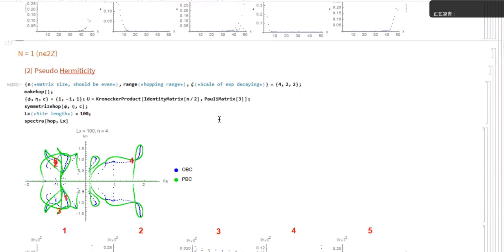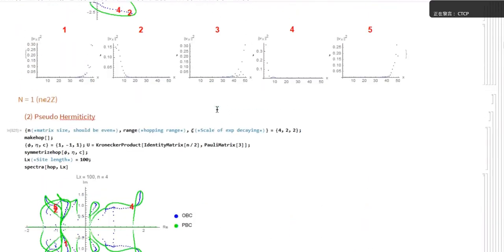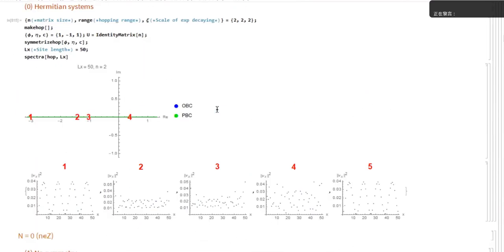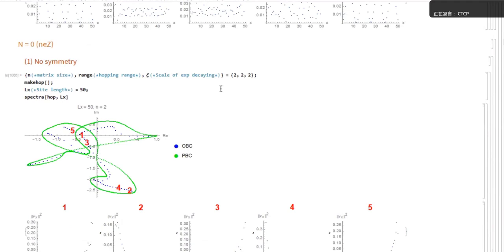I wrote it on the summer school website. You can see the demonstration of drawing the spectrum.